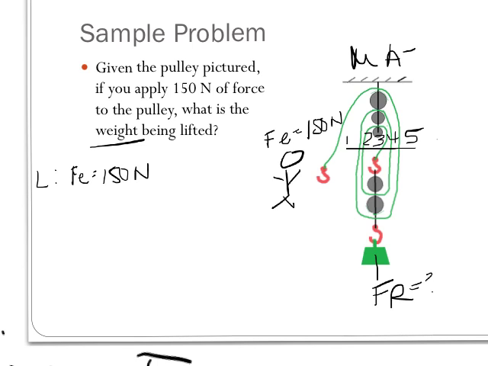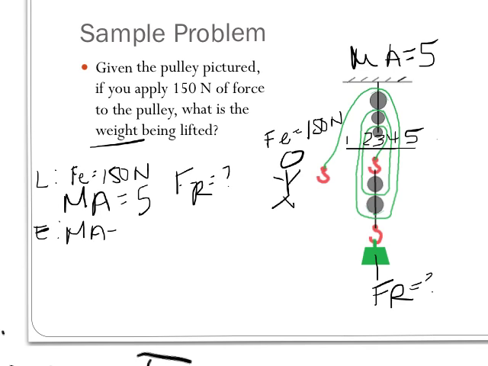So MA equals 5. And FR is our question mark. I'm going to go back to our original mechanical advantage equation, which is FR divided by FE. If we want to solve for FR, you just have to multiply both sides by FE to get that out of the way.